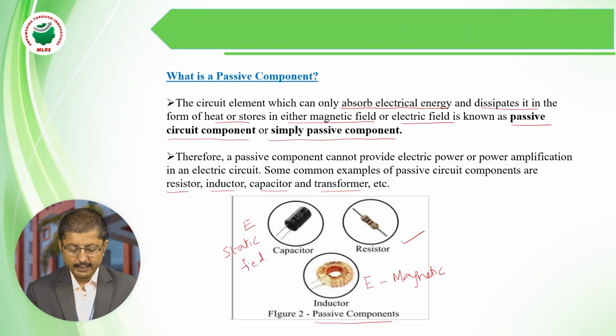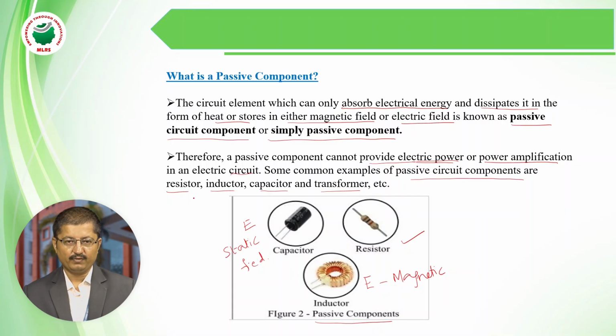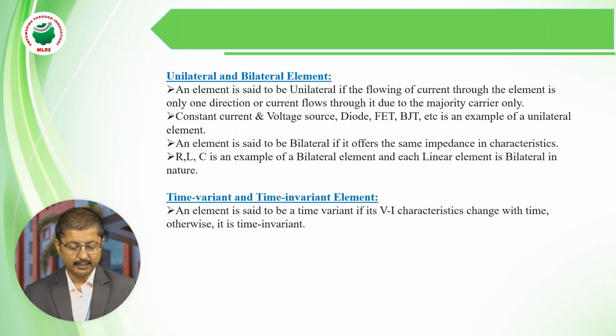Therefore, passive components cannot provide electric power or power amplification in electrical circuits. Some common examples of passive circuit components are resistor, inductor, capacitor and transformer. So passive components are completed.